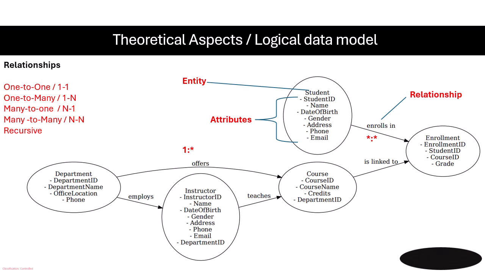And then you have another one, called recursive, which is a relationship within the entity. For example, in the instructor entity, you have an HOD, and that person is managing another instructor. So that's a recursive relationship.